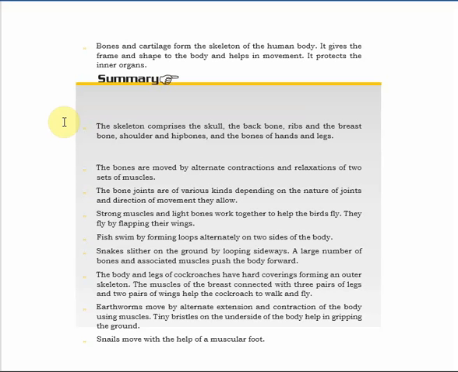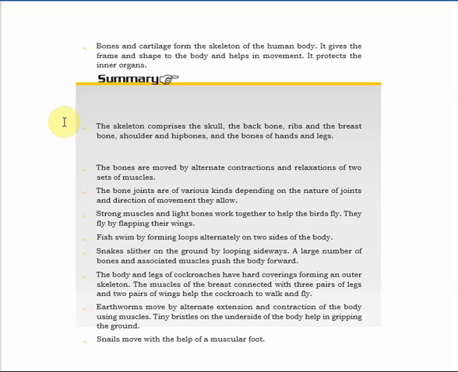In the case of earthworms, earthworms move by alternate extension and contraction of the body using muscles. Tiny bristles on the outer side, small rings on the body, help in gripping the ground.